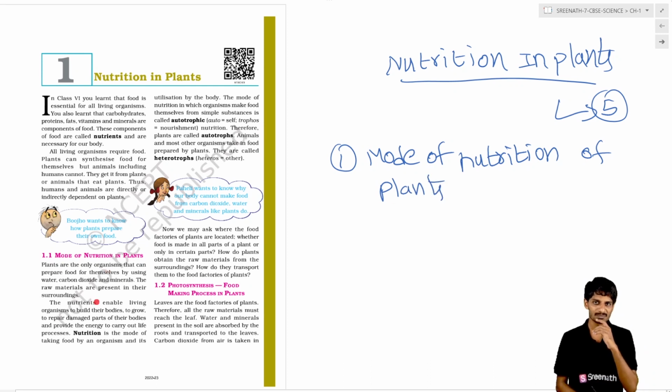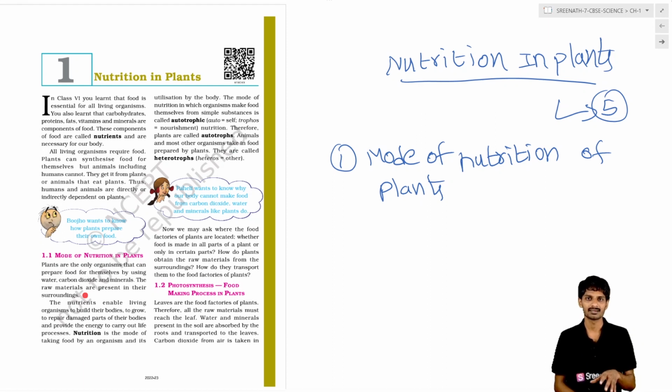How do plants prepare their own food, how do they get their nutrition, how do they grow? In order to grow and be healthy, we need good nutrition, a good balanced diet, with nutrients like carbohydrates, proteins, fats, vitamins, minerals, and dietary fibers.